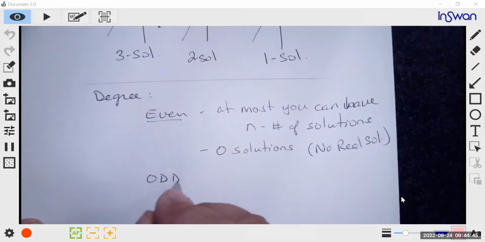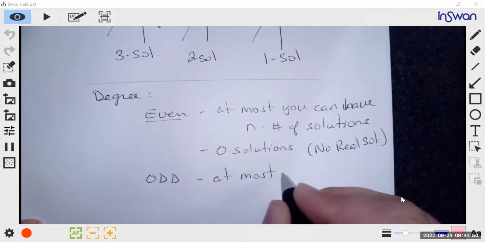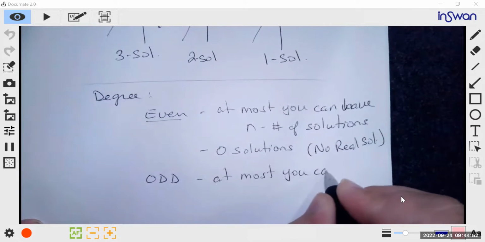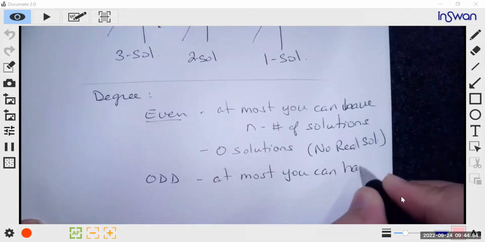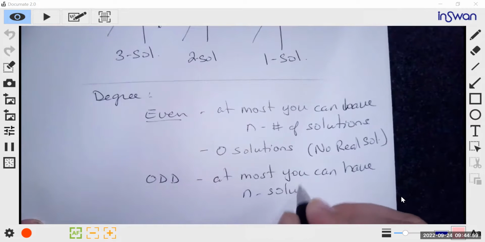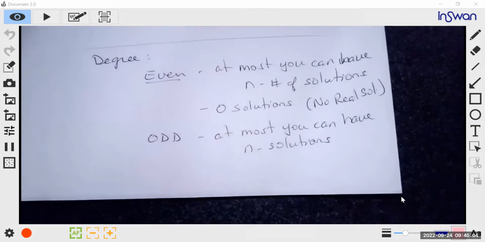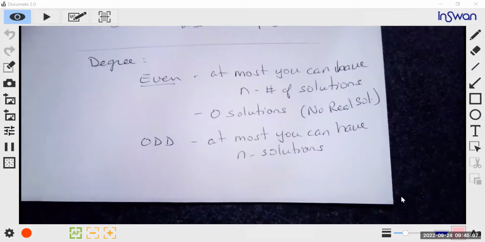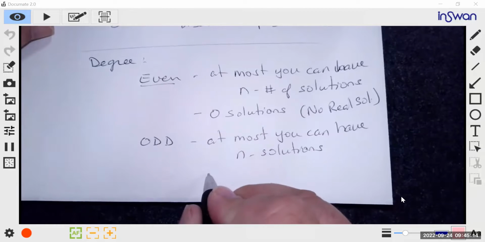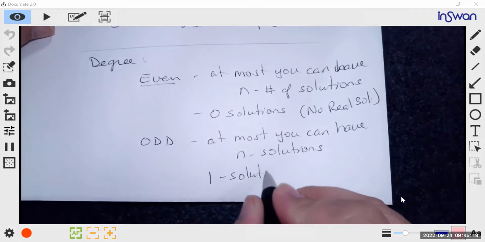If it's odd, at most you can have n solutions. But you have to have at least how many? At least one.